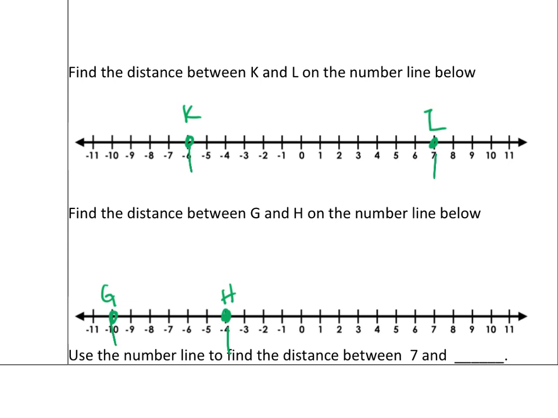Okay, so hopefully you looked at this and said, okay, I'm going to find a distance. You should have come up with a distance of 13, right? K and L are 13 spaces apart from each other, and G and H are 6 apart from each other. Find the distance between 7 and -10.